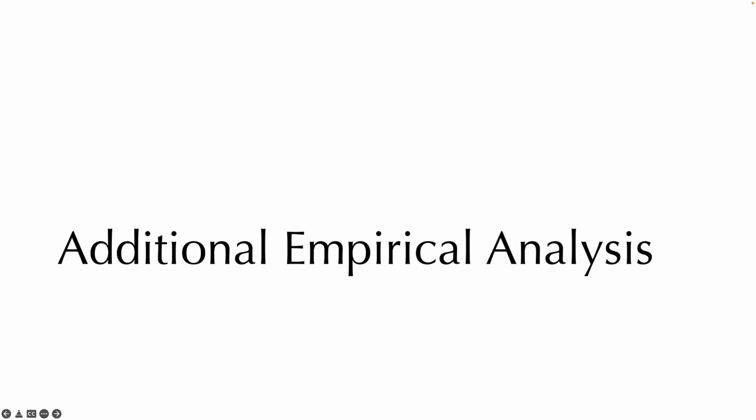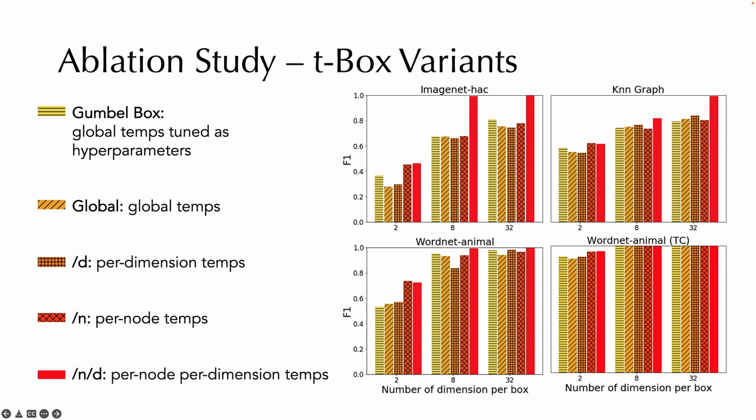With the wealth of empirical evidence available to us, we were able to perform ablation studies and draw conclusions about the inductive bias present in various geometric models. As mentioned previously, there are many choices for how flexible the trained temperatures should be. We explored a number of options and found that for equal dimensionality, adding additional flexibility always helps, with the per node per dimension temps optimal.